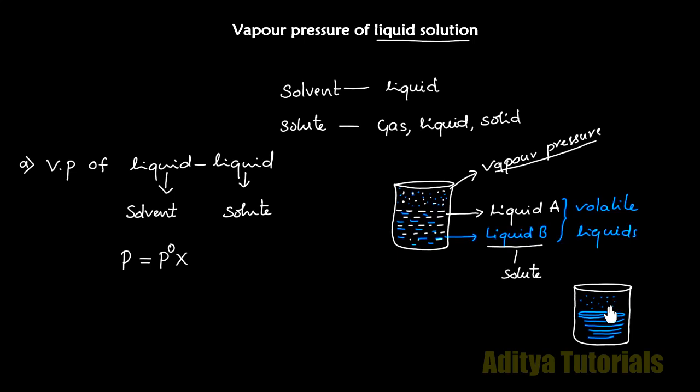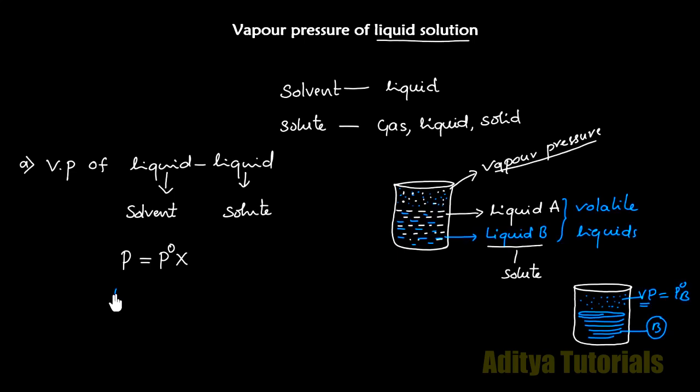These vapors collide with themselves and the wall of the container, and when they collide with the wall and the surface, they produce a pressure. That pressure is known as vapor pressure. But in this case, the vapor pressure is only of B liquid. So the vapor pressure of B is given as P naught of B. It means that it is the vapor pressure of the purest form of B, that is, the vapor pressure of the pure liquid.